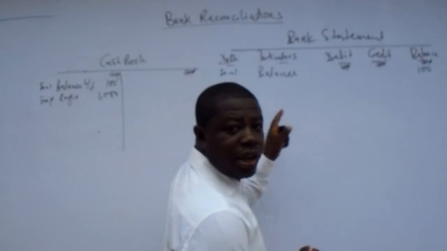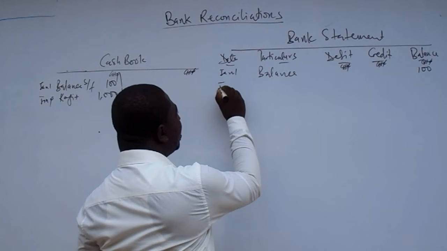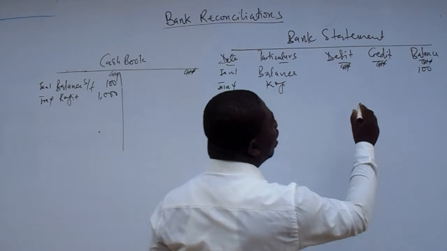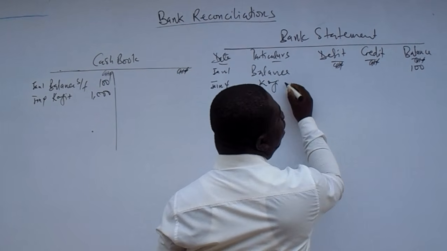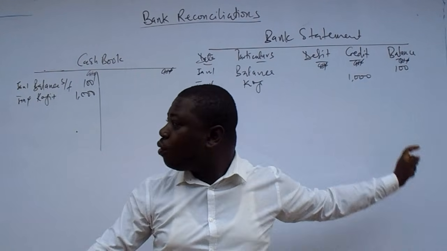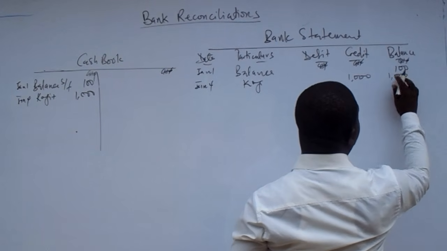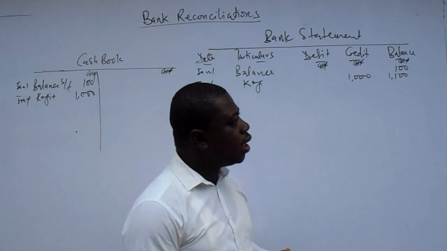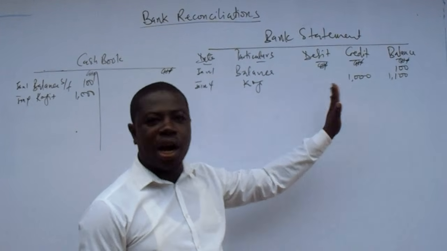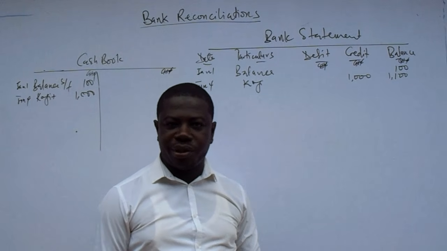Now, when we deposit the check in the bank on the same day, it is expected that the bank will credit the account with the same name Kofi or the check number, whichever it is, and then put 1,000 under the credit. While we are debiting, the bank is crediting. And so the balance will be 1,100. What the bank statement does is that it accumulates as and when you add up. We had 100, we just deposited 1,000, and so we have 1,100.